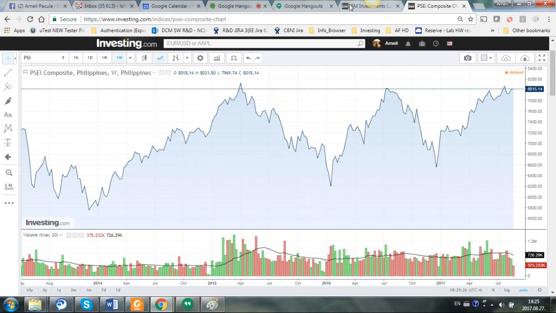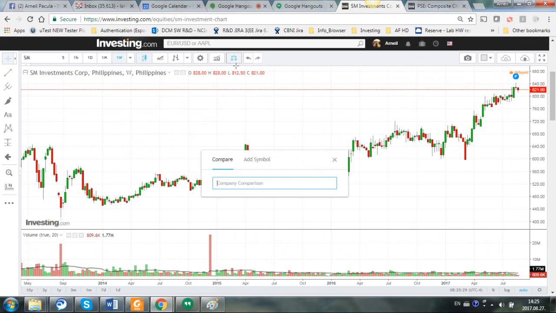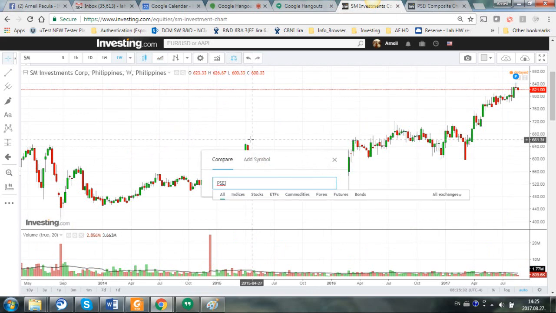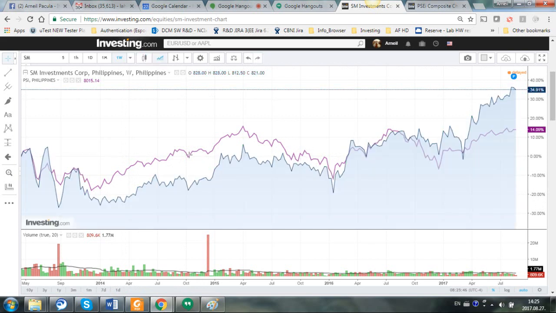Okay, medyo iba siya. Actually, pwede nating ilagay dito PSEI. Tingnan mo. Nag-uptrend. Uptrending din siya. Ito yung PSEI, yung purple. Ito yung SM.